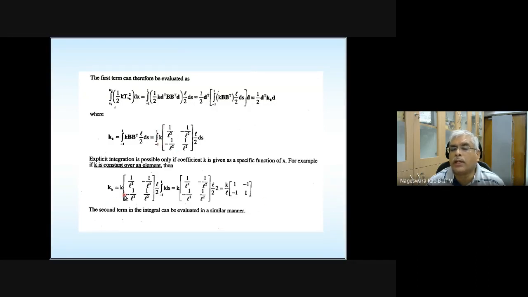That is what is shown here. Explicit integration is possible only if the coefficient k is given as a specific function of x. Since we are deriving the element equations at this stage, we don't know how k looks for a specific problem. So either you take it like this, or assuming k to be constant, you can write this Kk like this.